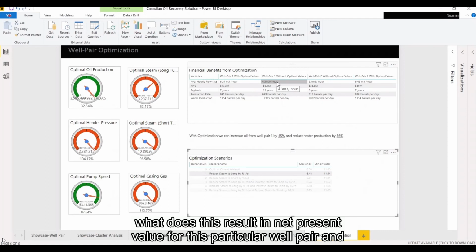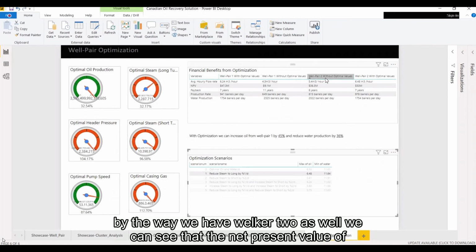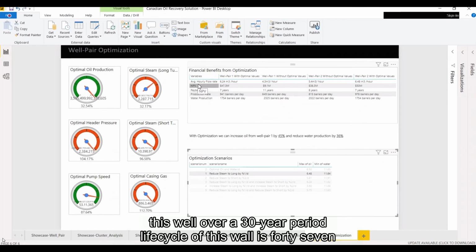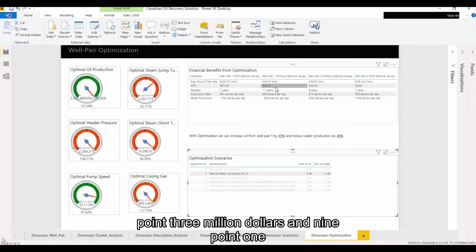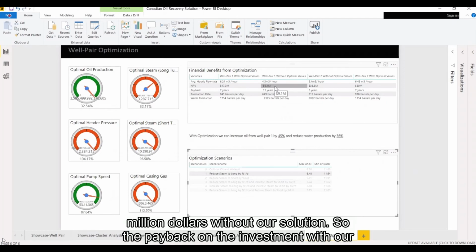What does this result in net present value for this particular well pair? And by the way, we have well pair 2 as well. We can see that the net present value of this well over a 30-year life cycle is $47.3 million and $9.1 million without our solution.